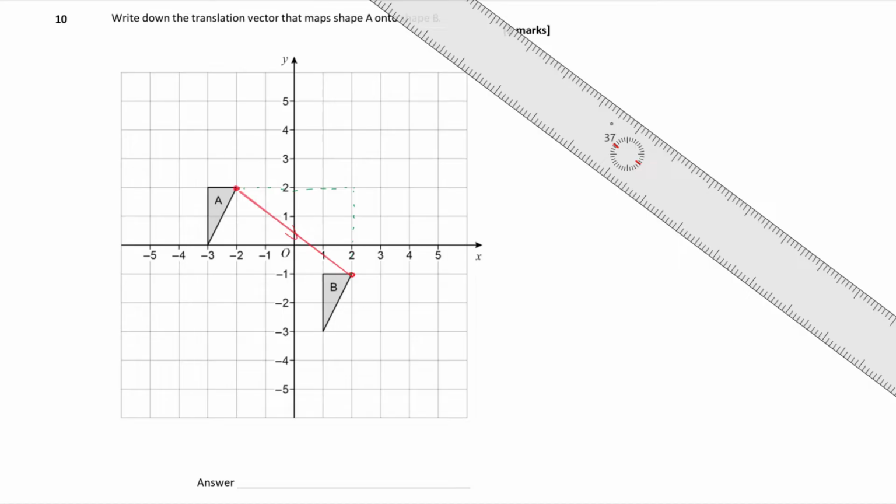That's 1, 2, 3, 4 units to the right and 1, 2, minus 3 units up. So that's going to give me the vector 4, minus 3. Now vectors are not fractions, so don't put a line in between them like that. And they're not coordinates. I've got one number on the top and another number underneath. Do it like that, you'll get the marks.